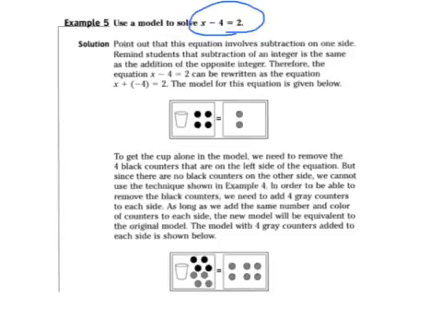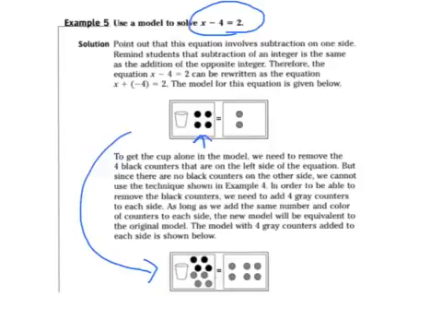So what we're going to try to do is get these negative symbols gone. We want them out of there. Well, the way you get rid of a negative is by adding a positive. So since I have 4 negative tiles, I'm going to add 4 positive tiles to that. So jump down here and you can see what that looks like. My original equation was the 1 cup and the 4 black tiles.